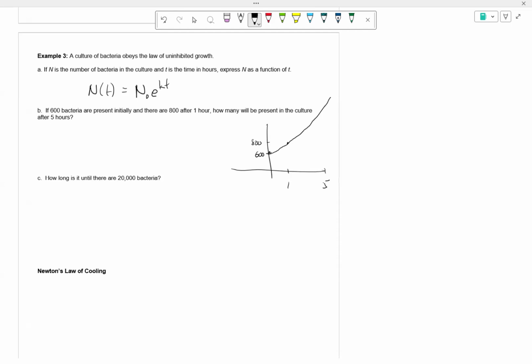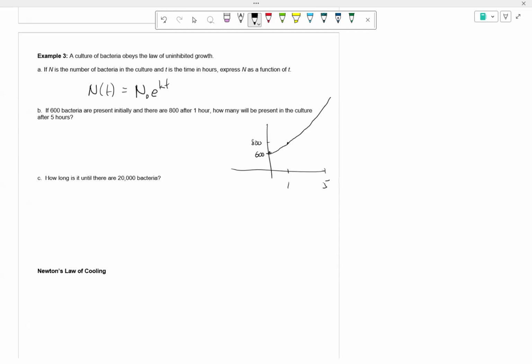Oh, this is wrong. First, and then do E to that. That's a lot of bacteria. I got 2,528.